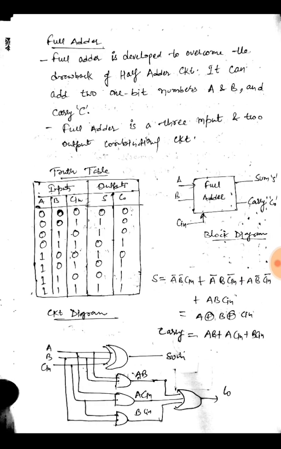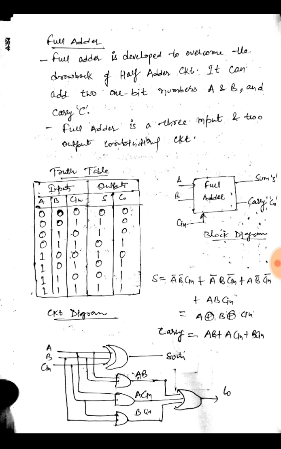Now full adder. Full adder is developed to overcome the drawback of half adder because it cannot add 3 bits. It can only add 2 bits, and it cannot add the carry generated from previous addition. So a full adder can add two 1 bit numbers A and B and also add the carry with them.